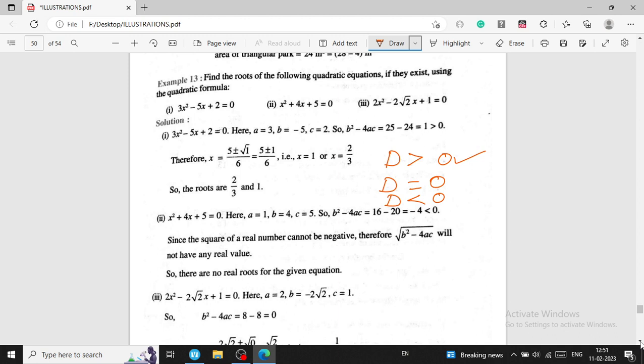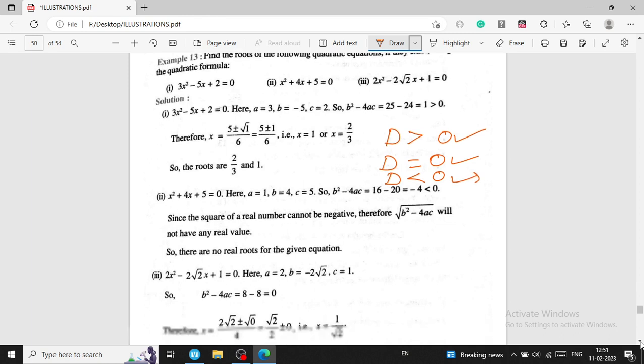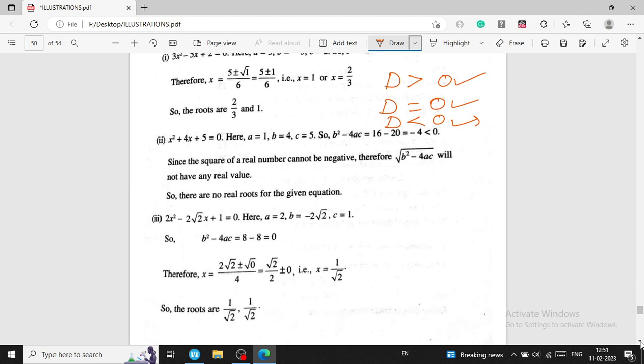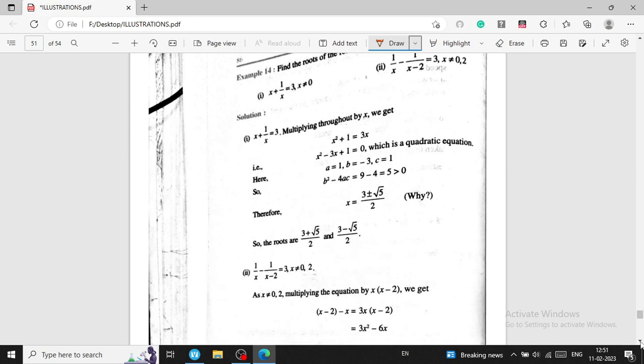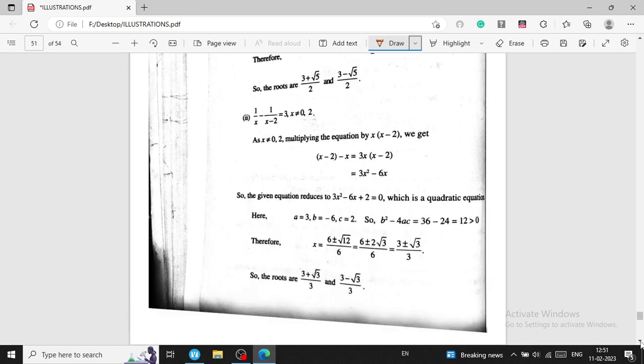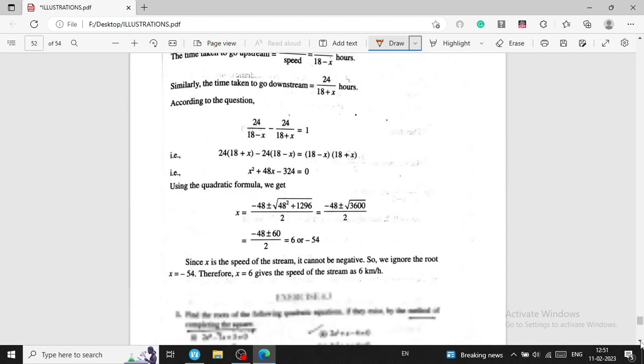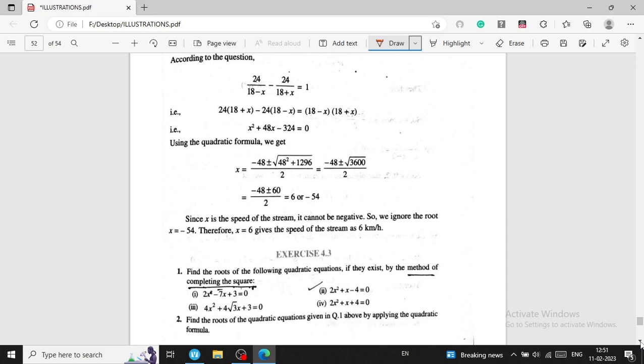When D is equal to 0, we can say it has equal roots, and when D is less than 0, we can say it has no real roots. You should keep in mind these statements when you solve. All these examples will be solved by this method.